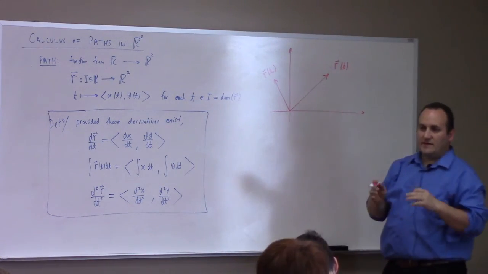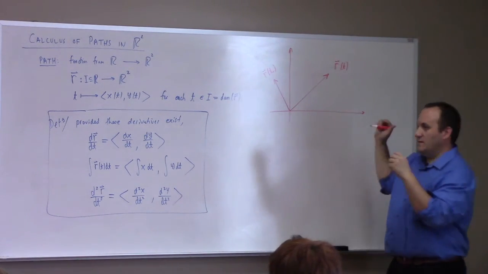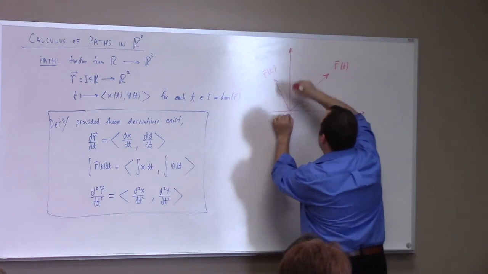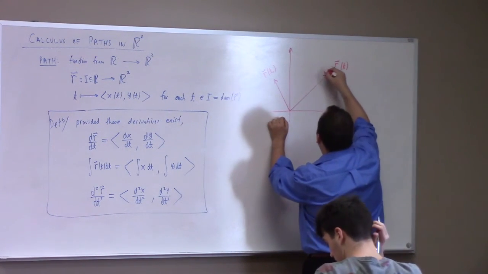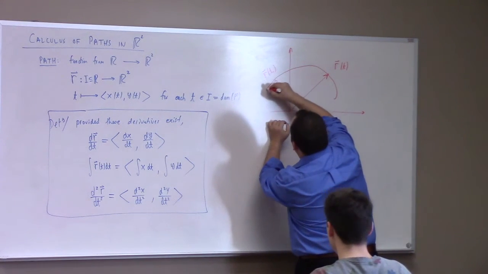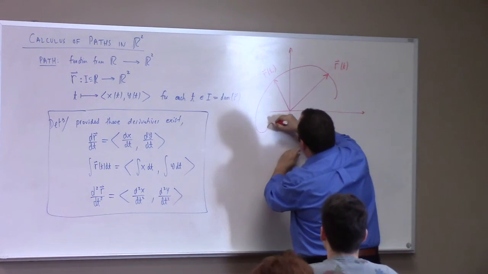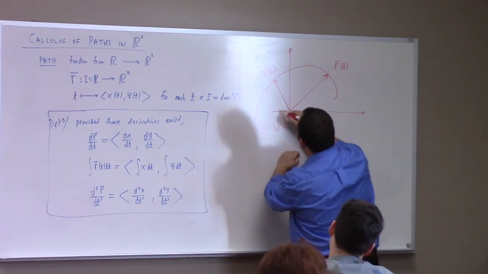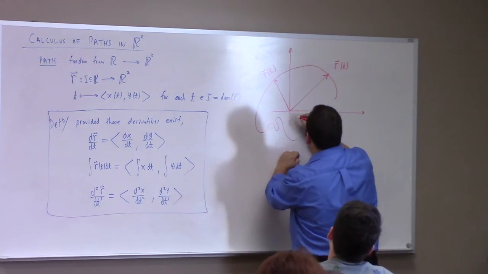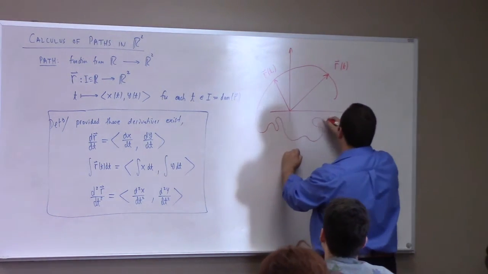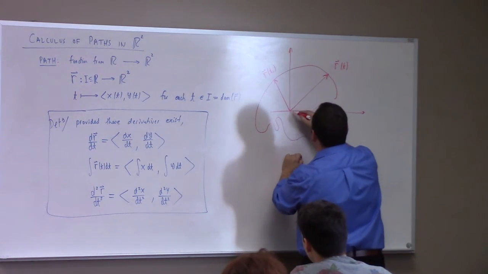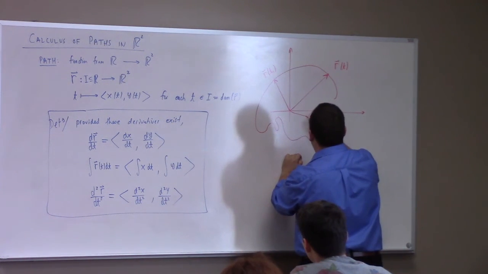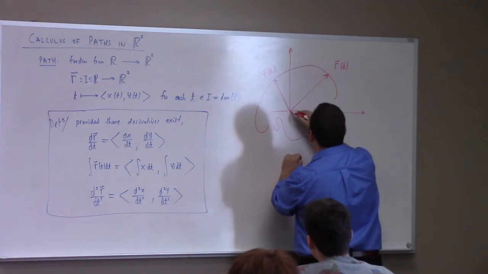As time goes on, these vectors point to different places. It could do all kinds of crazy stuff. Here's the path at a later time.